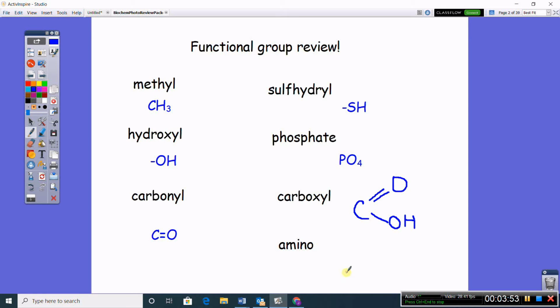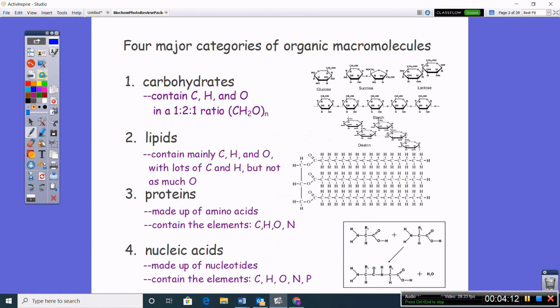Okay, and then an amino group is usually just NH2. If it's ionized, it might be NH3+. Okay, so those are your functional groups.